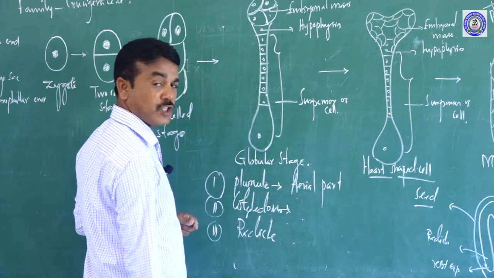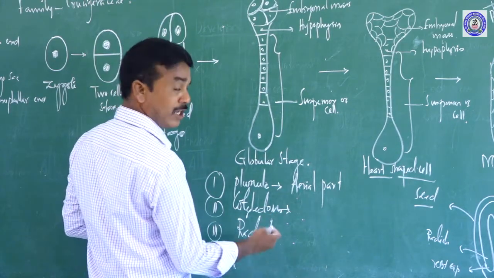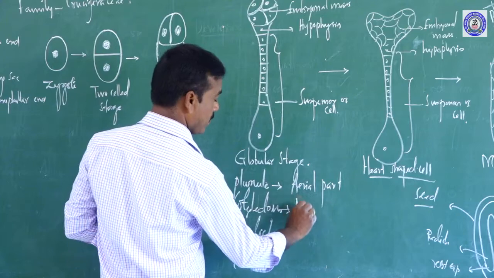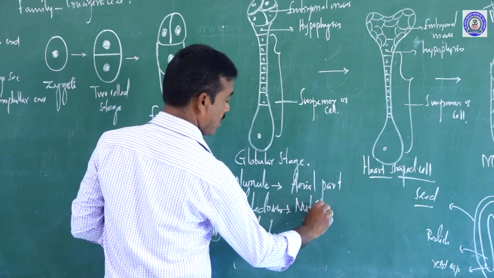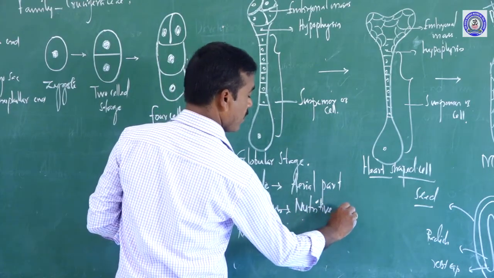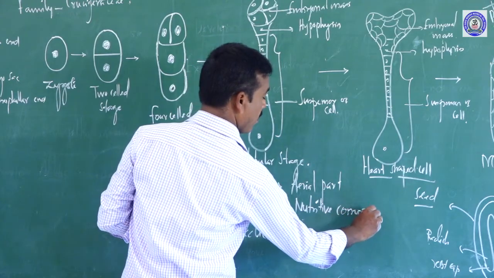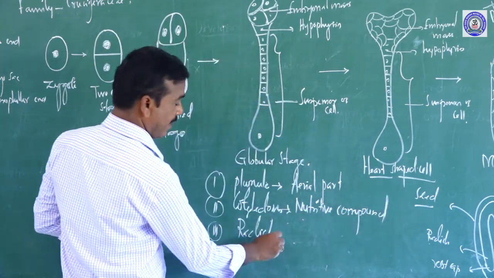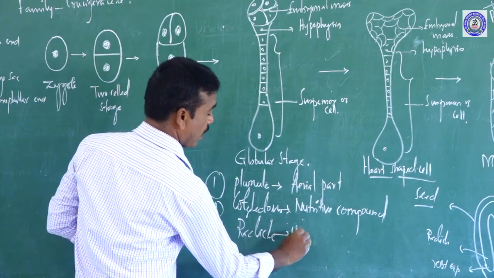The cotyledon is responsible for providing nutritive component. The radicle is responsible for the underground part.